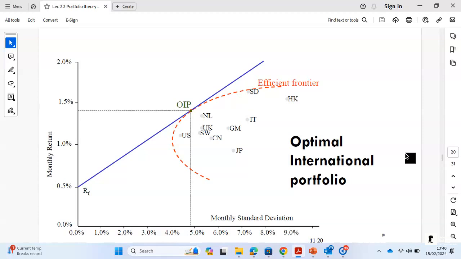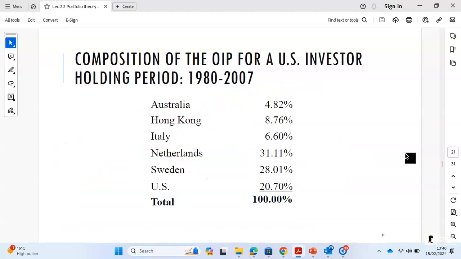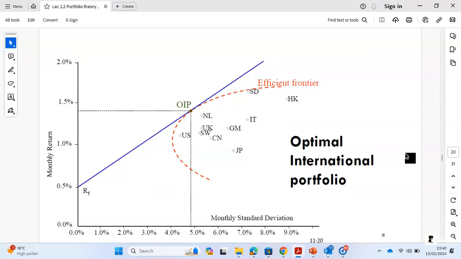So you can create a portfolio not only based on these risky stocks or risky markets, but you can add a risk-free asset to your portfolio as well. Okay, good. And we'll go through in some detail about how this works in the next session with some examples.